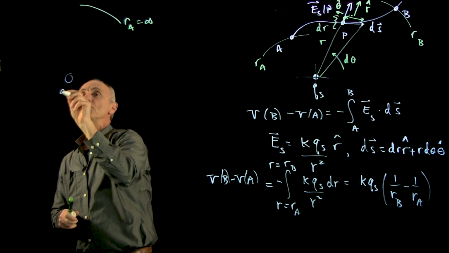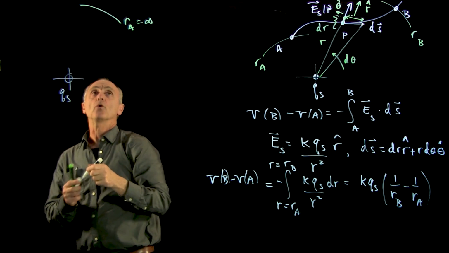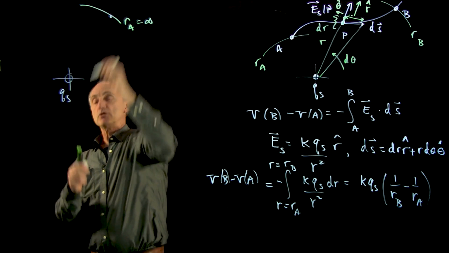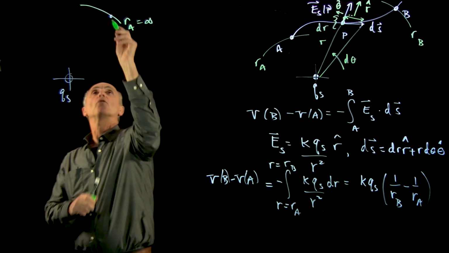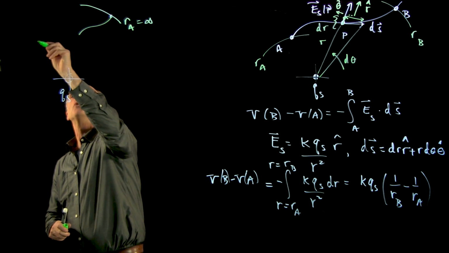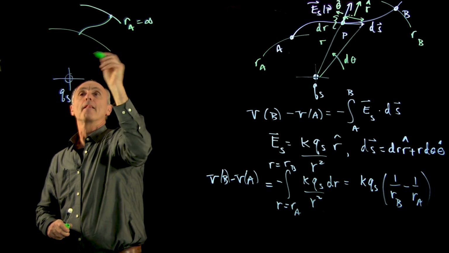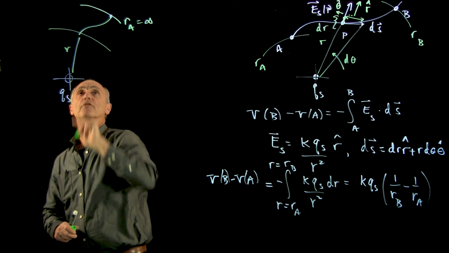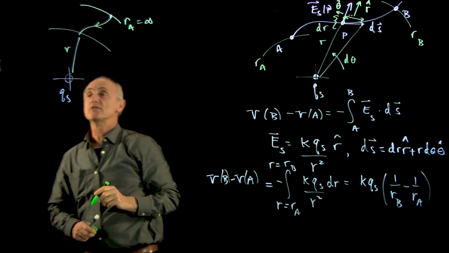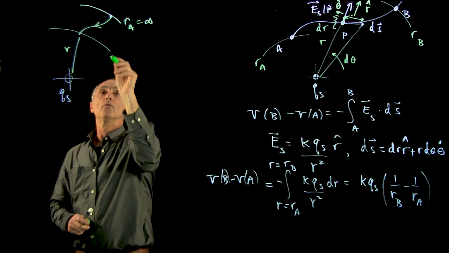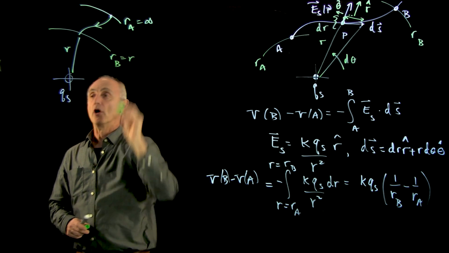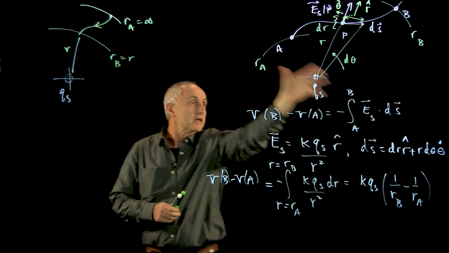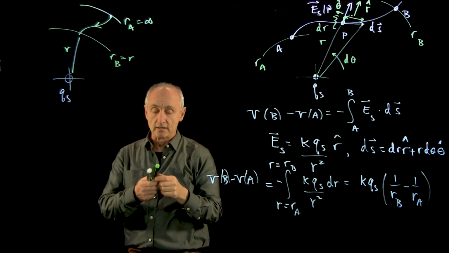And we have a charge QS that's at the origin. And we're taking a path that goes from infinity to a distance r away from QS. So that's our path. So here we have RB equals R. Well, we've done the calculation. We don't have to do it again.